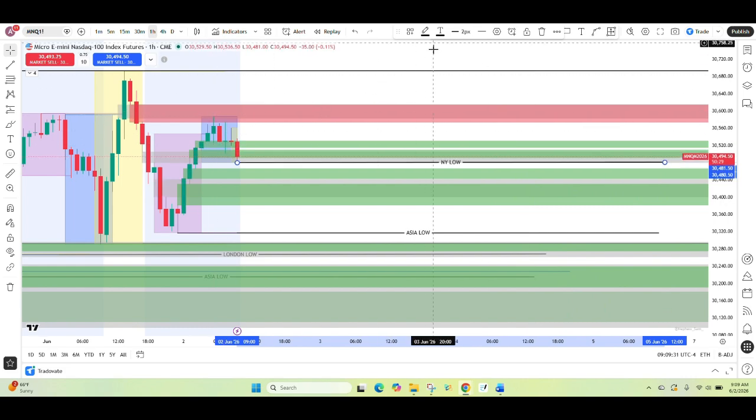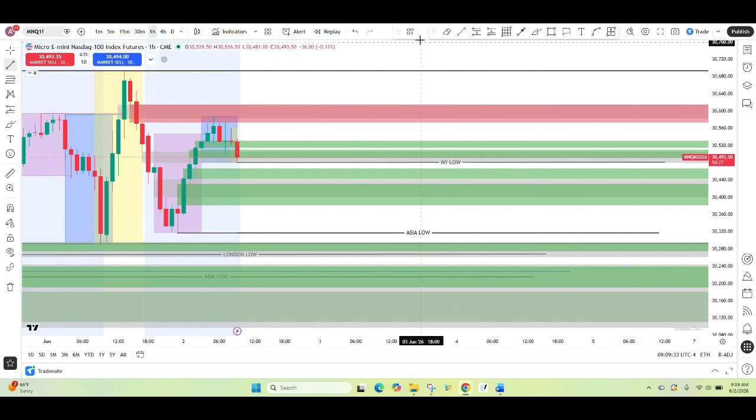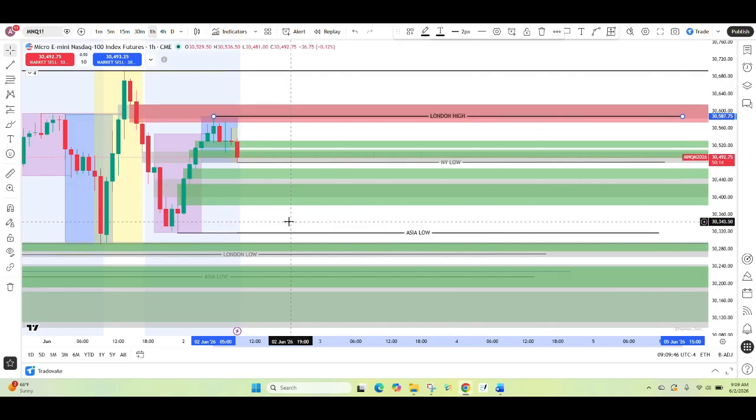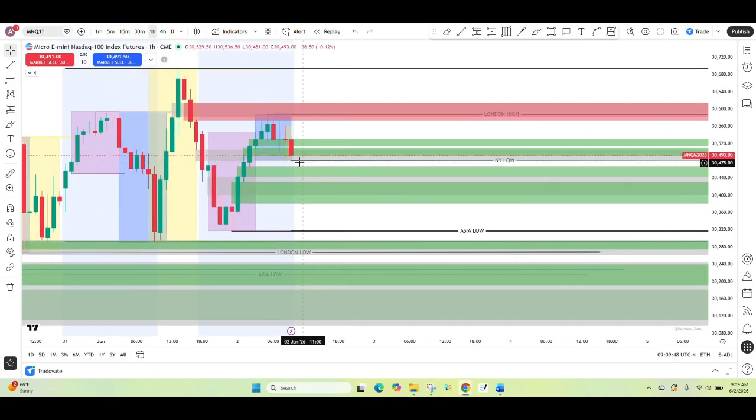And London high is right there as well. Okay, so we have our levels marked out. I don't see any internal key levels.